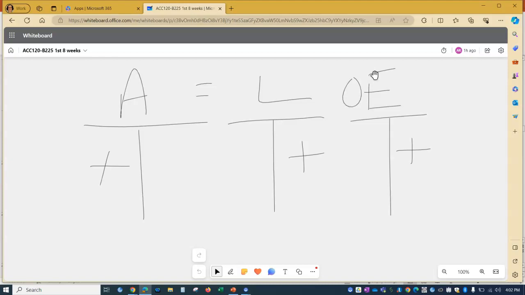Because assets go up on the left, that means on the right they have to go down. So if I'm over here on assets, up on the left, that means they got to go down on the right.